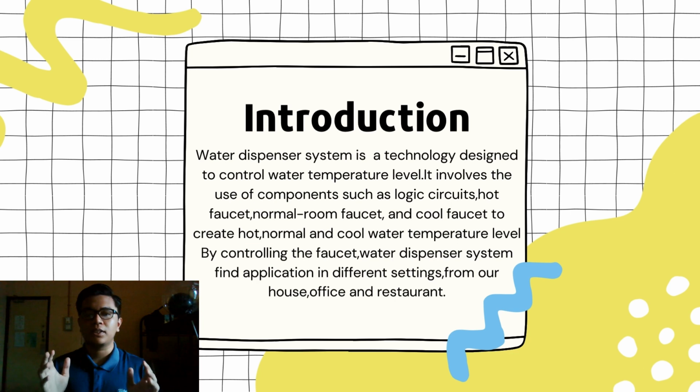It involves the use of components such as logic circuits, hot faucet, normal room faucet, and cool faucet to create hot, normal, and cool water temperature levels by controlling the faucet. Water dispensing systems find application in different settings, from our house, office, and restaurant.